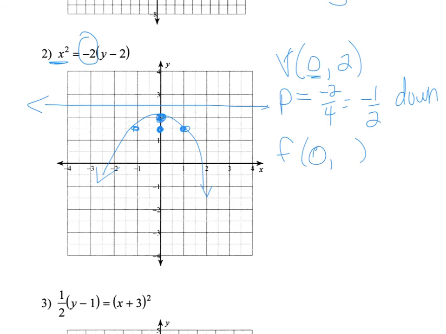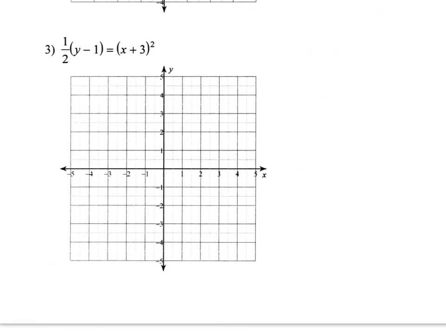And then the y is this point right here. So it's 1.5, or as I like to put, 3/2. The directrix is always a y equals, and it's y equals 2.5, or 5/2.